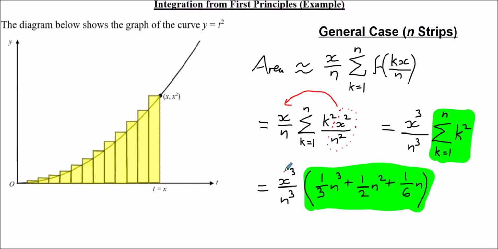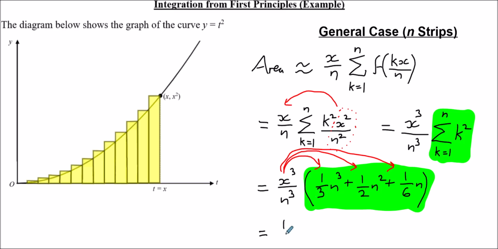And so if we expand out this term with that one, and also with that one, we can neaten up this result. So x cubed over n cubed multiplied by a third n cubed. Well, this first one, the n cubed, is going to cancel on the top and the bottom.